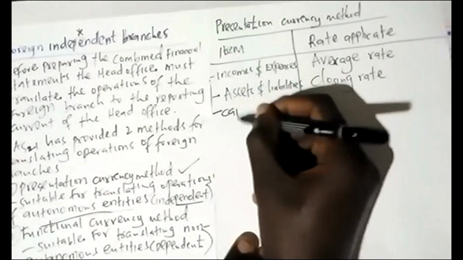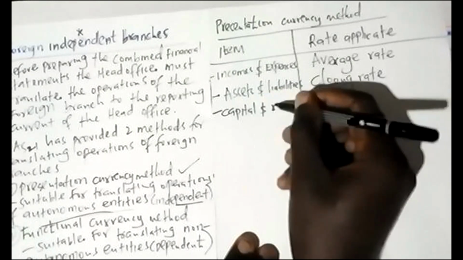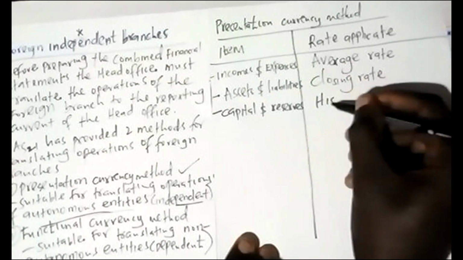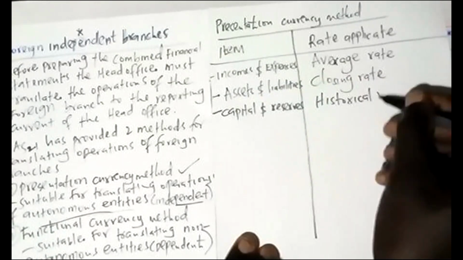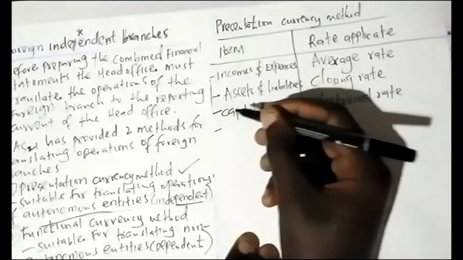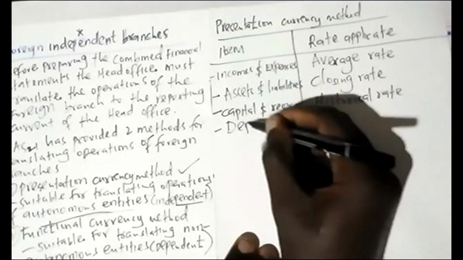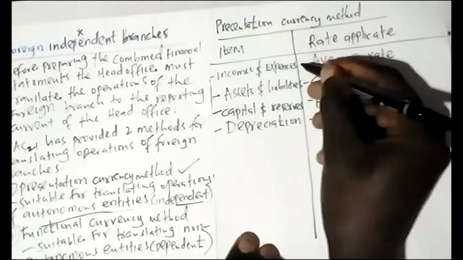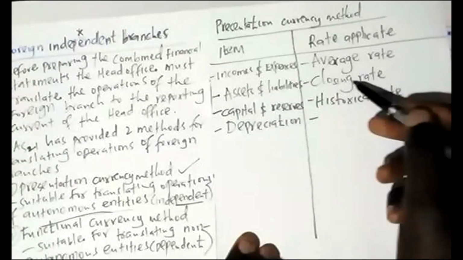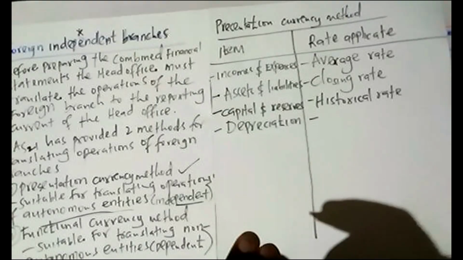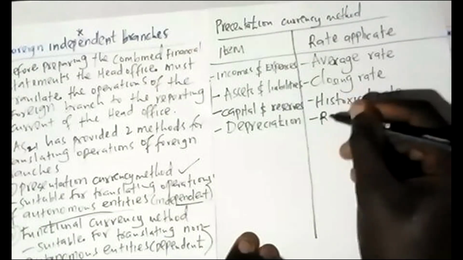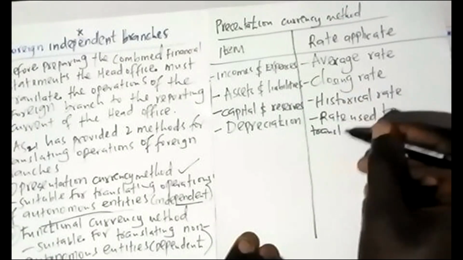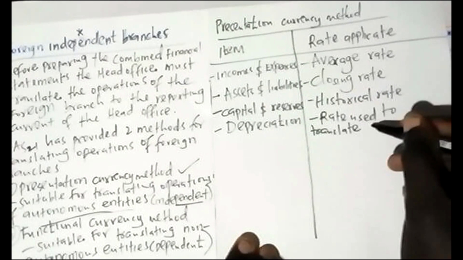Capital and reserves, use the historical rate. Then we have depreciation. For depreciation, you use the rate used to translate the respective asset, and for most assets you will find that we have used the closing rate.